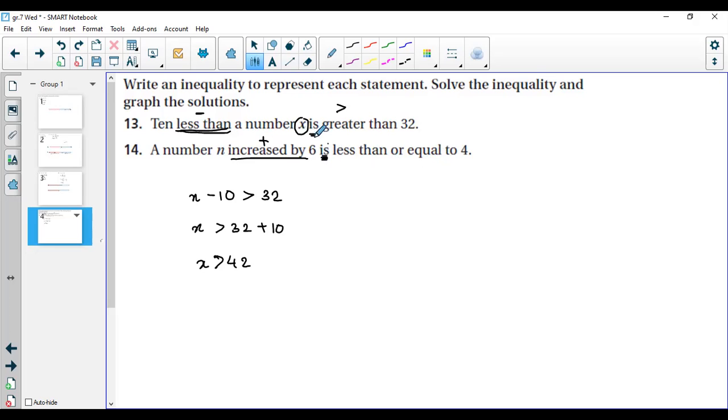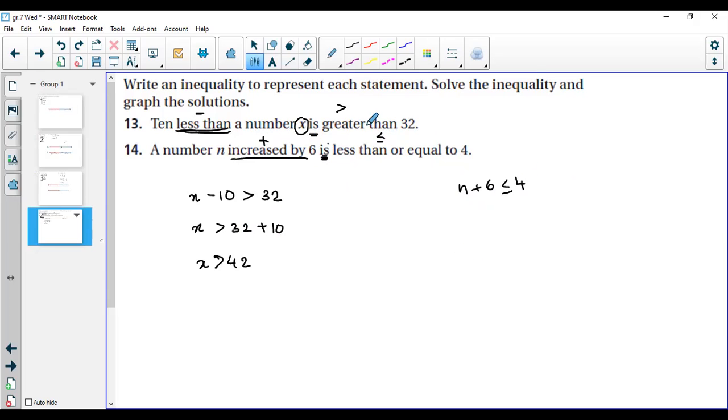So a number n increased by 6 is less than or equal to 4. After "is" there should be the inequality, right? Less than or equal to 4.